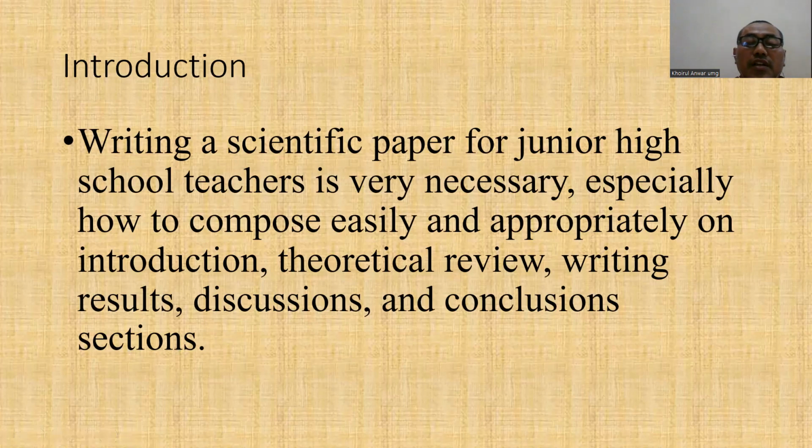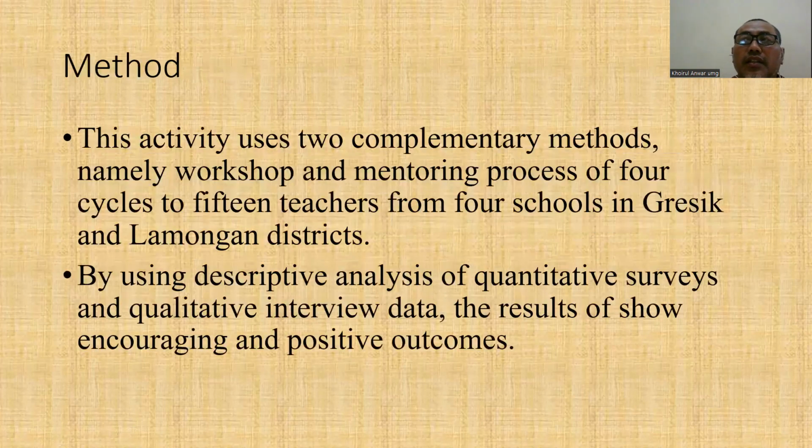The second is the theoretical review, how to write the theory underpinning the research, and then writing the results of the research, and the way we discuss the results, and the way we conclude the paper.